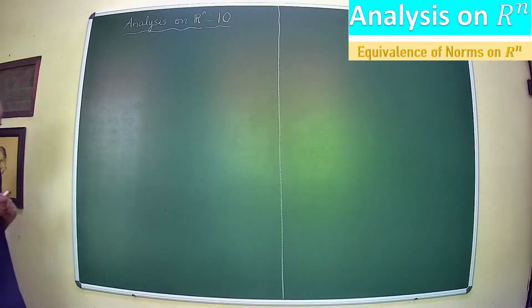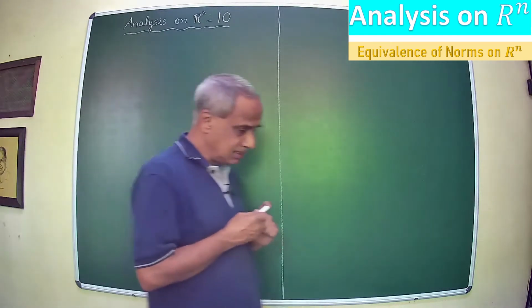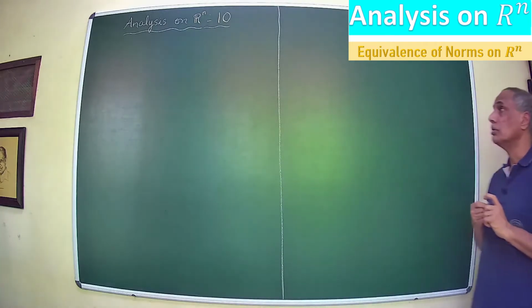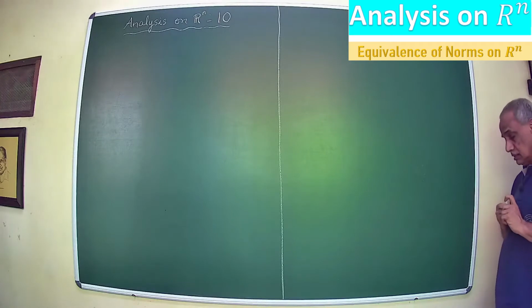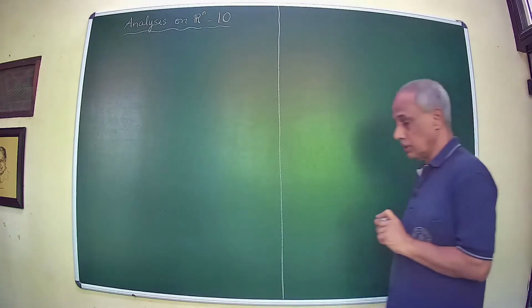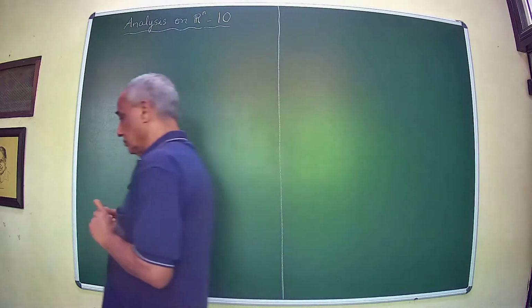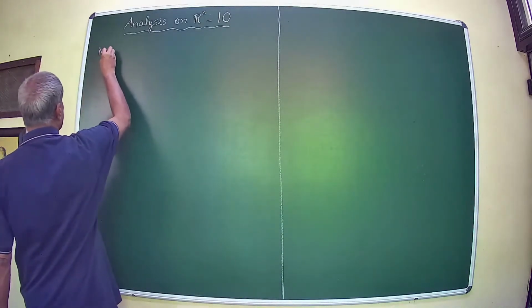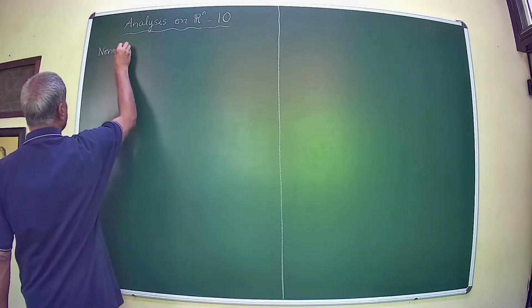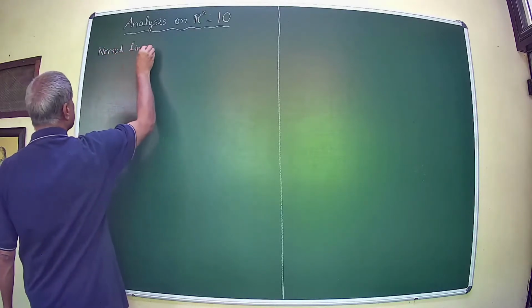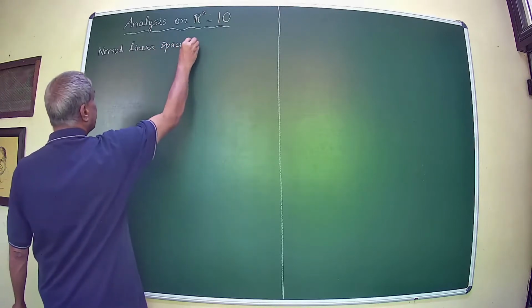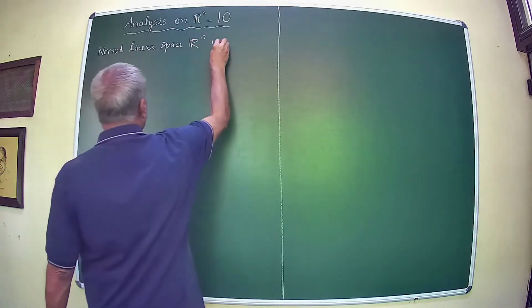Now the remarks are pertaining to the norms in Rn. Now you recall that we looked at the normed linear space, Rn with the Euclidean norm.